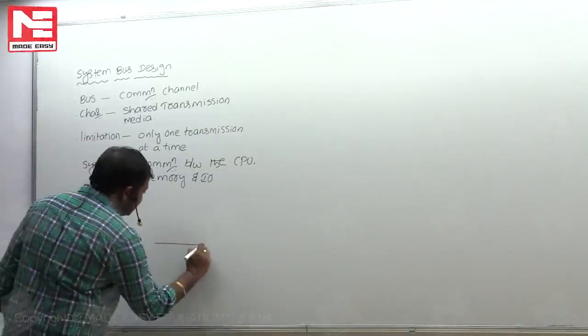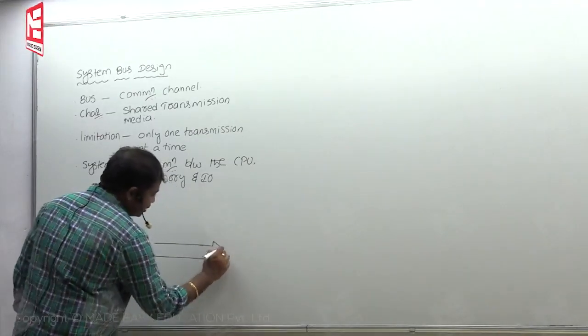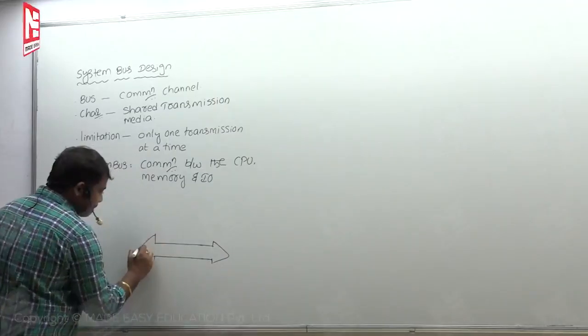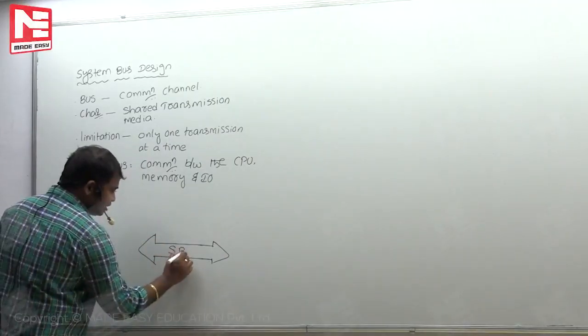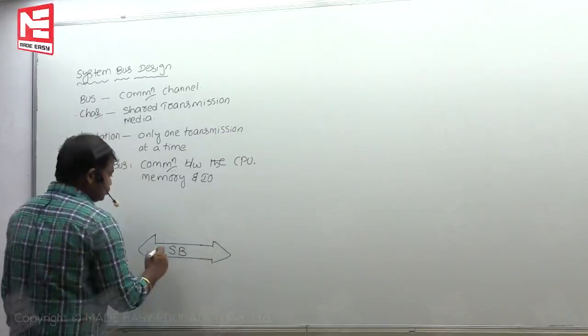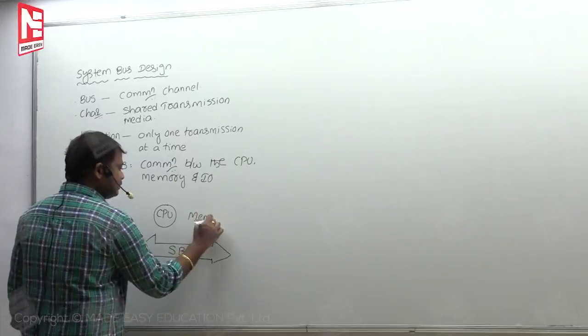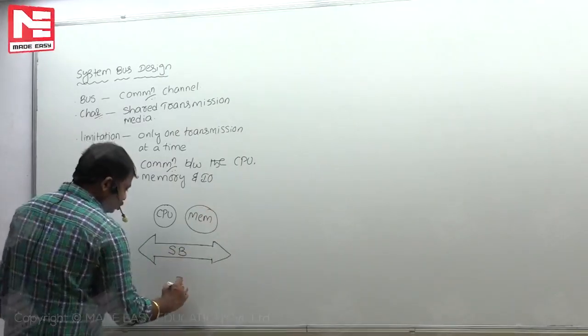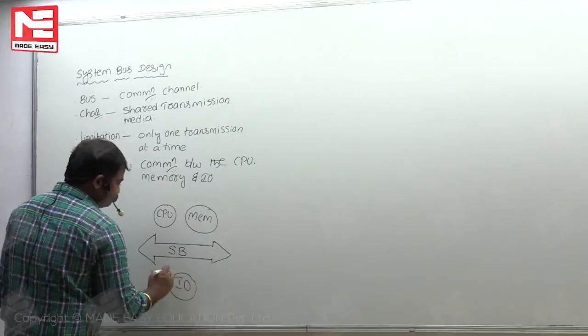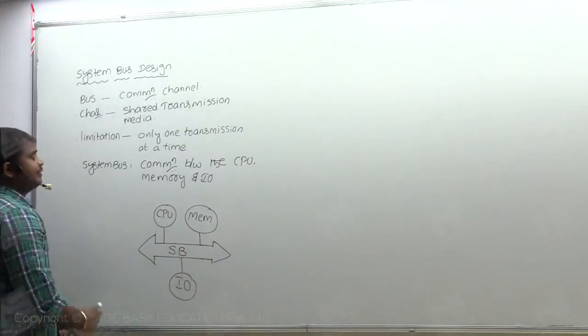So diagrammatically we can show the computer like this. System bus denoted with SB. CPU, memory and input output IO. Correct?